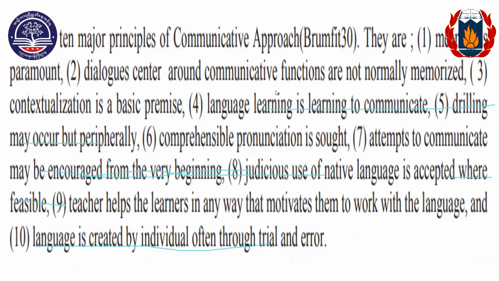The listener should be able to understand what you said. And dialogues center around communicative functions, but they are not memorized. Also, contextualization is a basic premise: using the authentic context and interpreting the meaning by using the context.